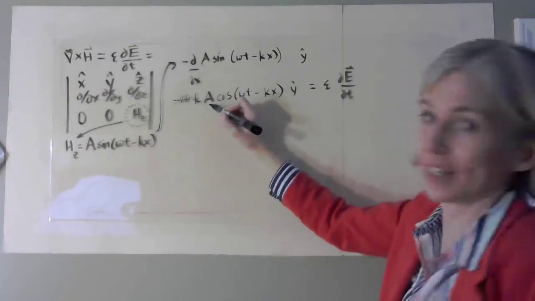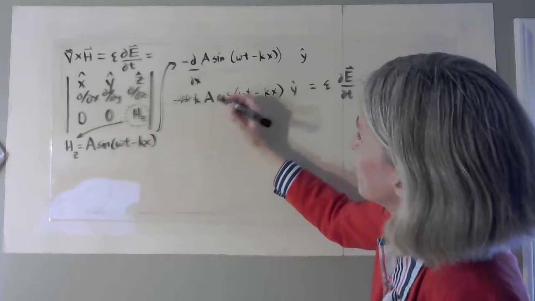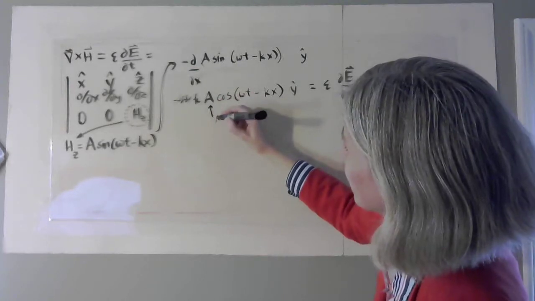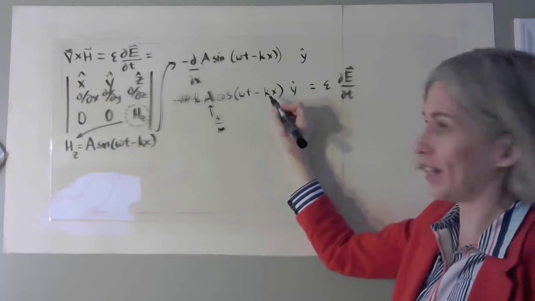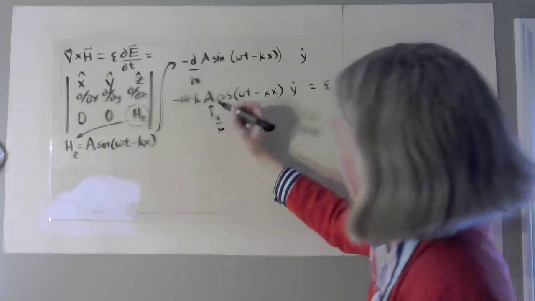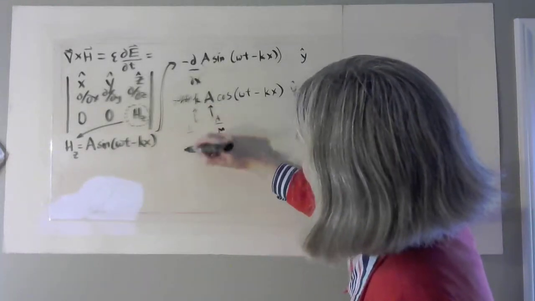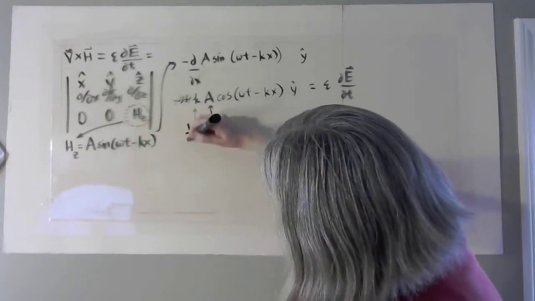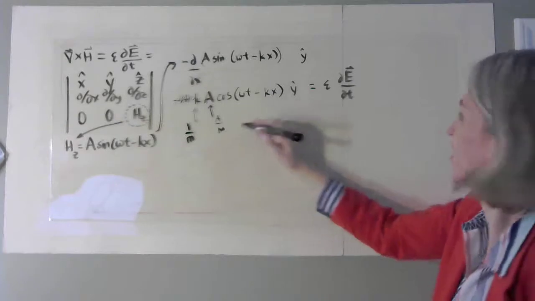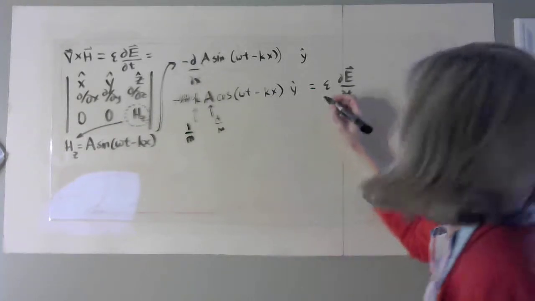A is going to have units of magnetic field, amps per meter. This k has units of 1 over length. It's called the wave number, 1 over meters. This thing, farads per meter.